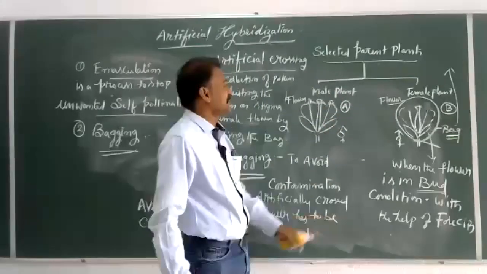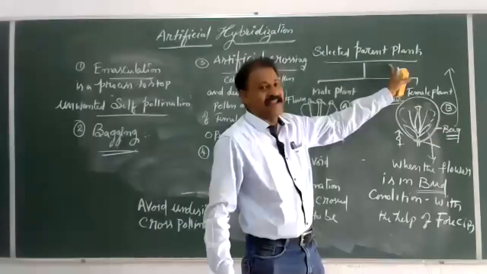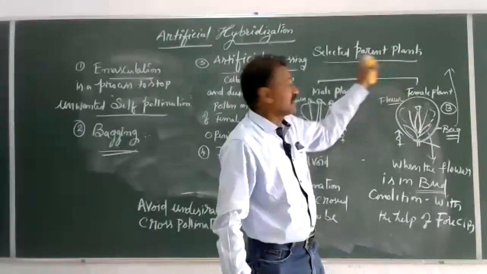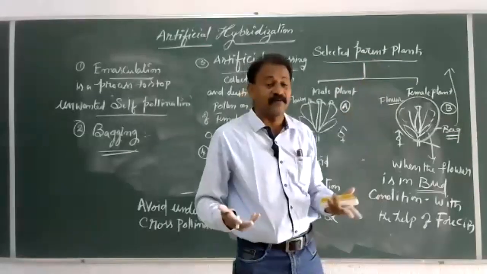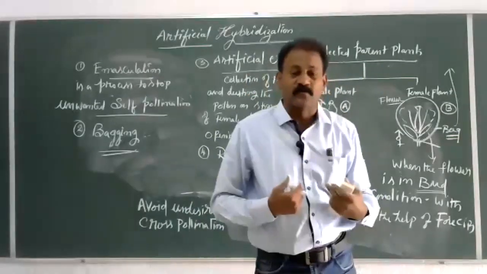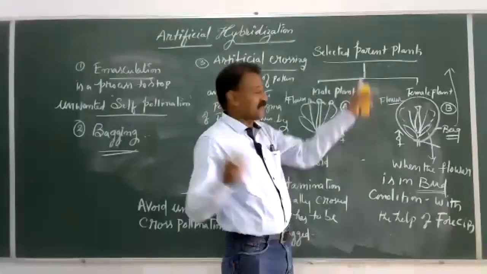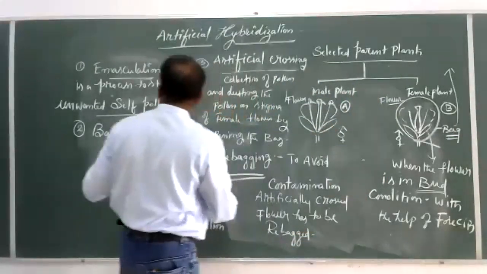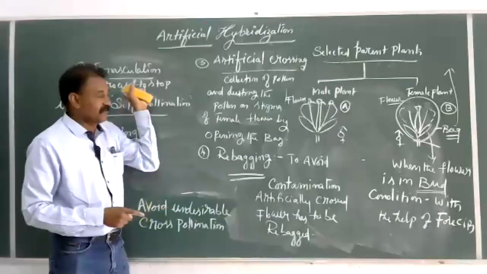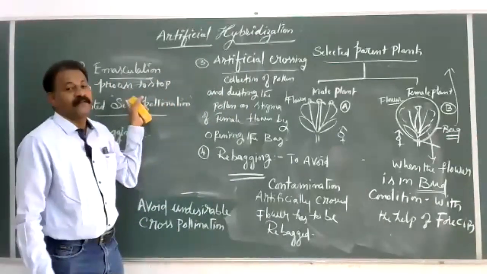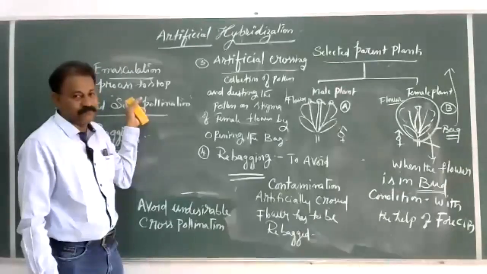Here, the process is we have to select the desirable parent plants. Desirable means whichever characters and qualities we want, we have to select them. After selection, the first step is emasculation. Out of the two, one has to become the female plant and one the male plant.